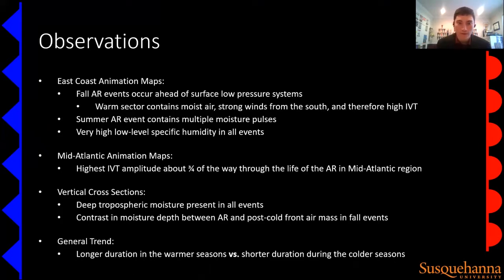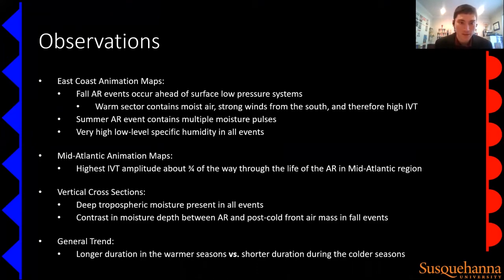The summer AR event includes possibly multiple pulses, and so that'll be something to observe later in my research. And in addition, after the AR exists, you can see these very high, low-level specific humidity events that contrast with the high specific humidity within the AR.